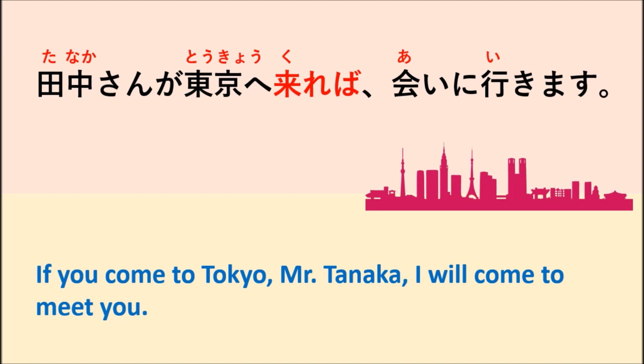Let's see another sentence. How about this sentence? 田中さんが東京へ来れば会いに行きます。田中さんが東京に来れば会いに行きます。Or you can say 田中さんが東京に来れば私は会いに行きます。Which means that if Mr. Tanaka comes to Tokyo, I will go to meet you.